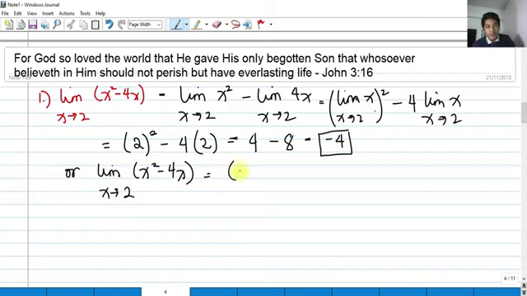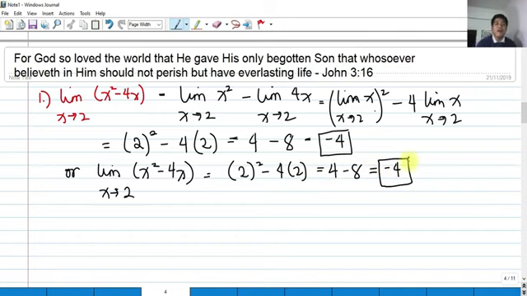So we have 2 squared minus 4 times 2, which is 4 minus 8, equivalent to negative 4. So when evaluating the limit of a polynomial, we can simply substitute the value of a for our x's. And that's the answer.